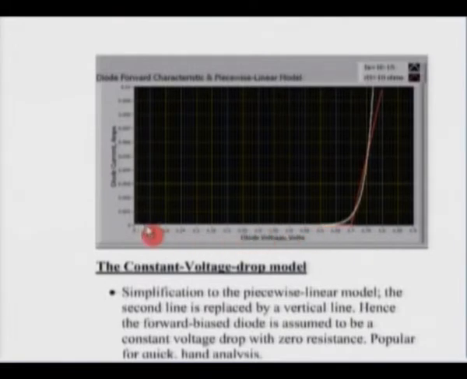Up to 0.7 volts you have a line with slope 0, no current, and beyond that you have a line with a slope of 1 by Rd, where Rd is 10 ohms, and you see that this model is fairly accurate. So it all depends on the point you choose and also the value of the resistance you use.